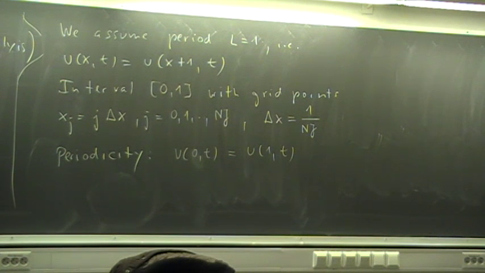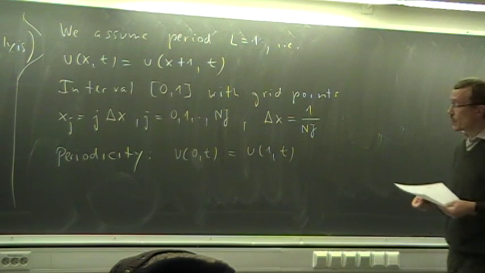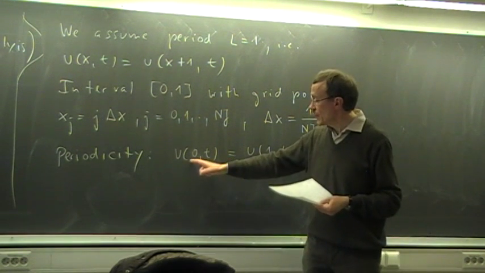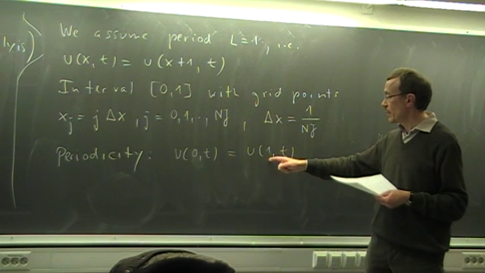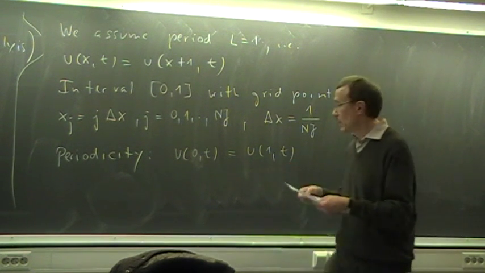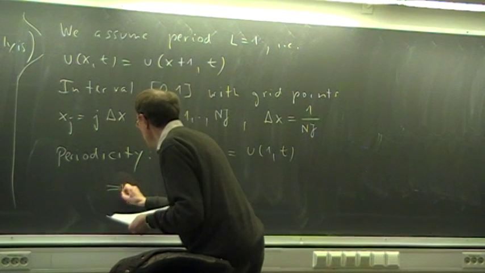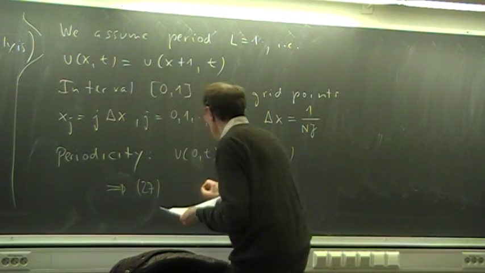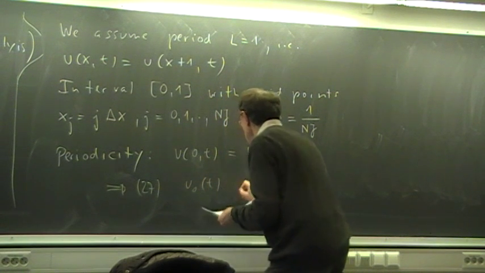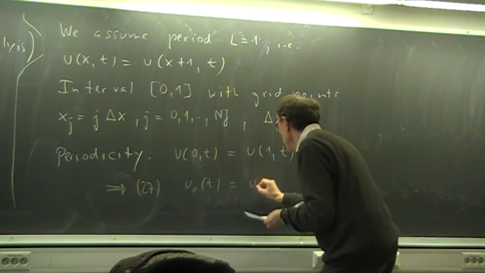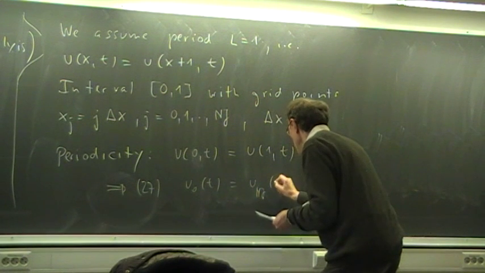And from that, we get already a condition that our numerical solution must also fulfill. Our numerical solution, this will be our u0, approximated by u0, and this will be approximated by u nj. So this periodicity implies already, and give it a number, that the u0 at any time t is equal to the u nj at any time t.